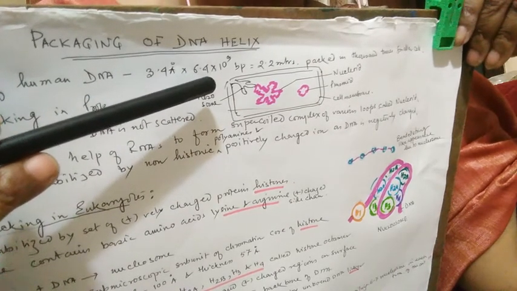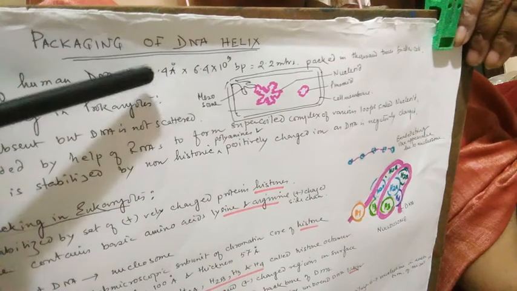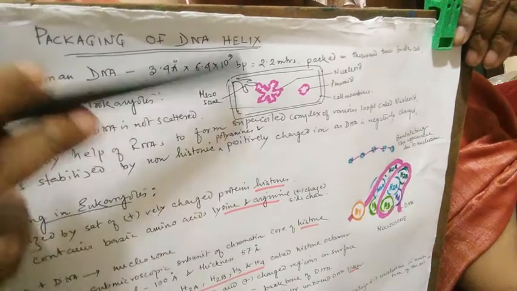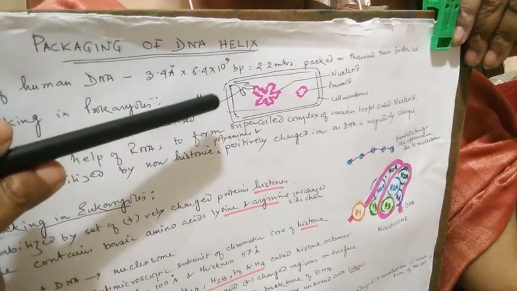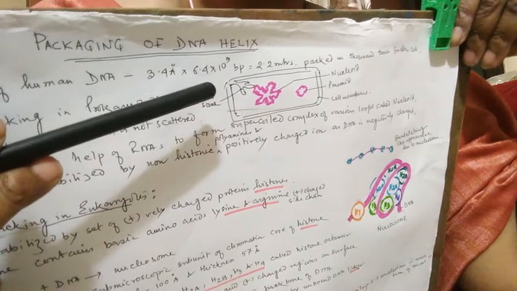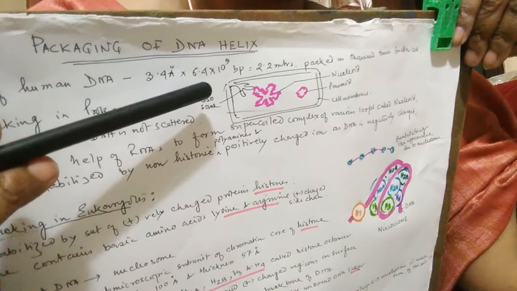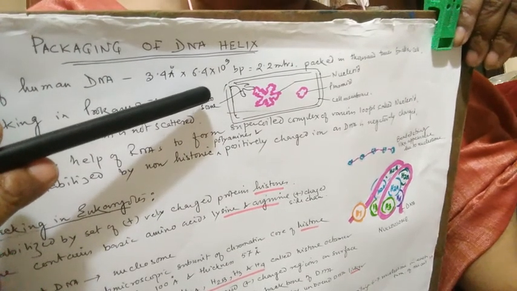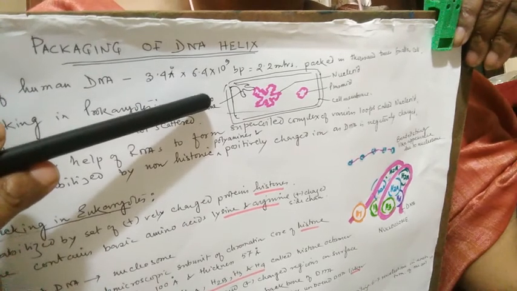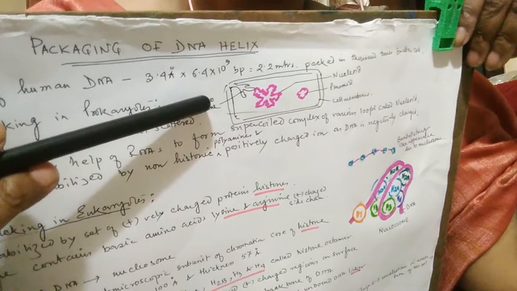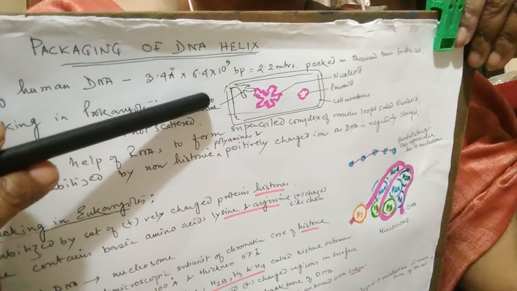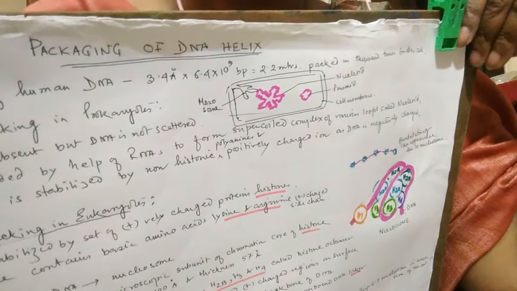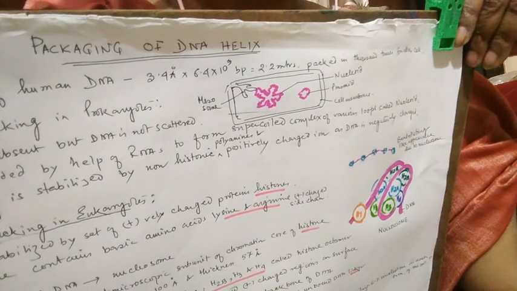So what will be the length? It will be multiplied by 3.4 Angstrom, and finally it is 2.2 meters. So think, 2.2 meters is the length of DNA which is packed inside a cell. That cell is 1,000 times smaller than the DNA. So how they are packed, that we will learn today.